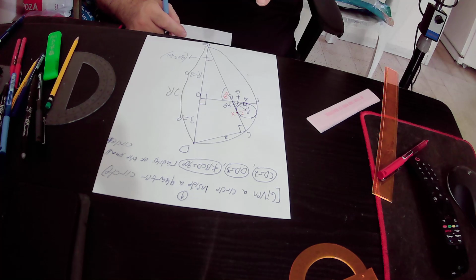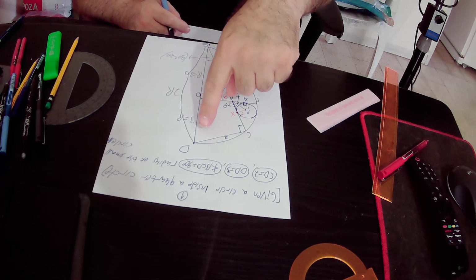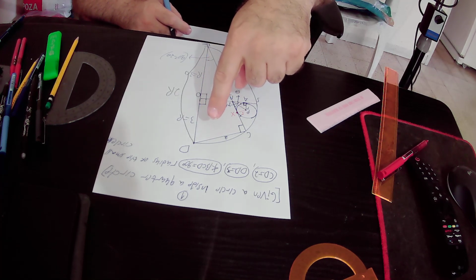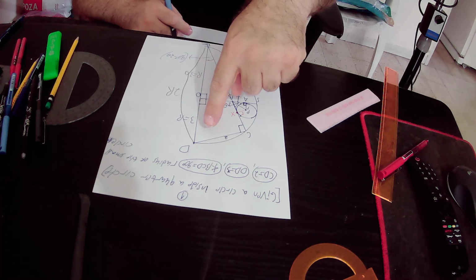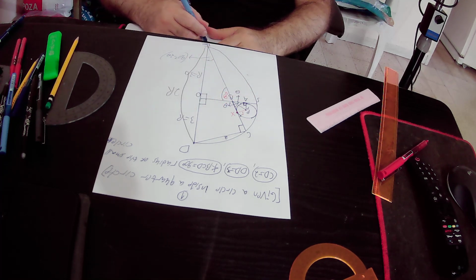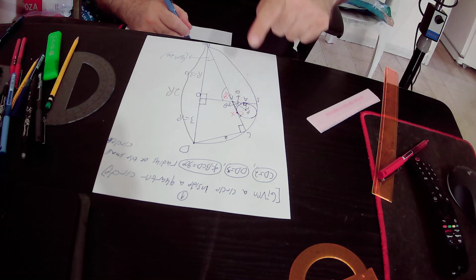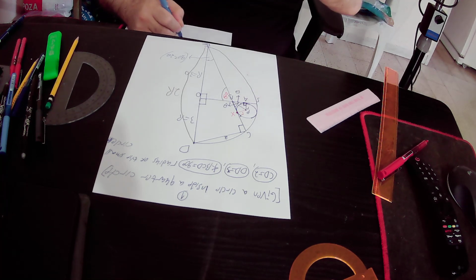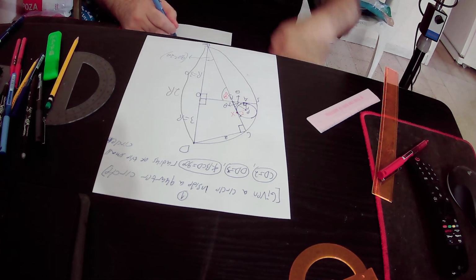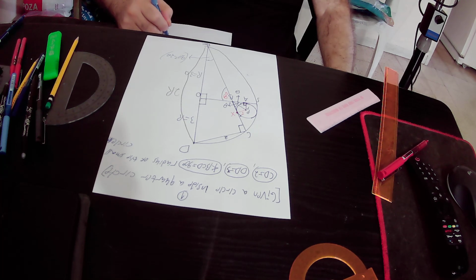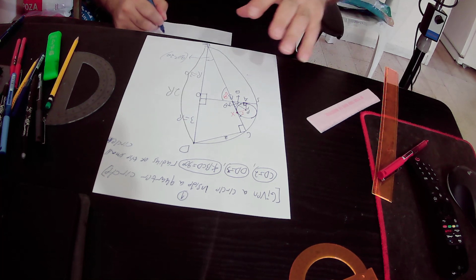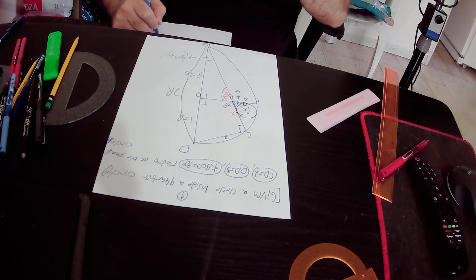Actually, the size of this angle, that is angle EDC, plus this angle that is 90 degrees, plus this angle that is 90 degrees minus 2 theta, the sum of those three angles must be equal to 180 degrees.